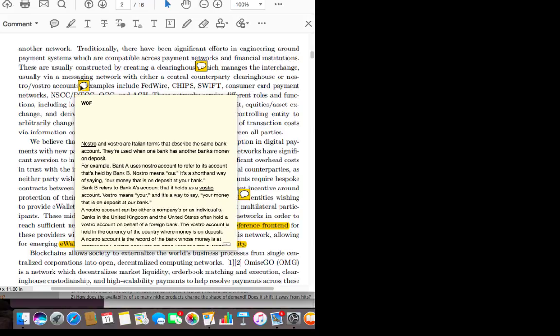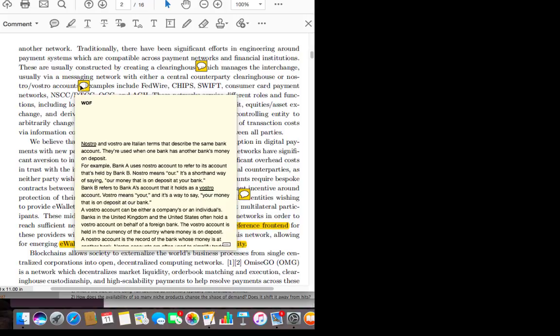So Nostro and Vostro are actually Italian terms that describe the same bank account, but they're used in different contexts. For example, Bank A uses Nostro account to refer to its account that is held by Bank B, because Nostro means our.